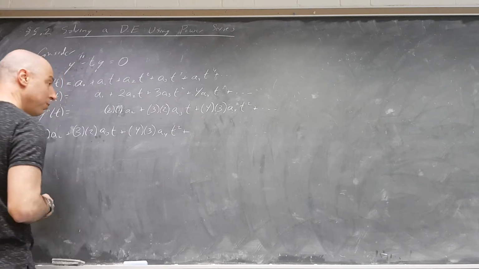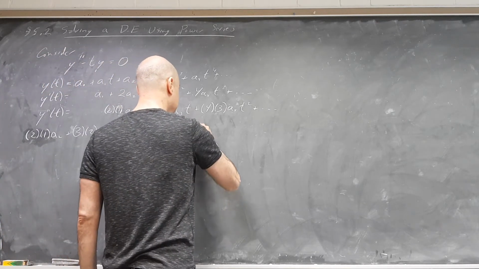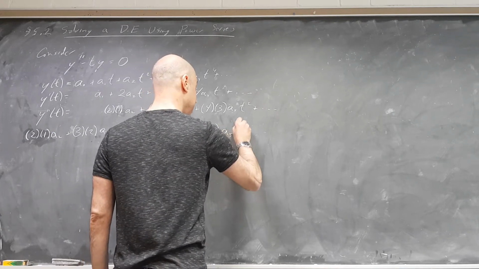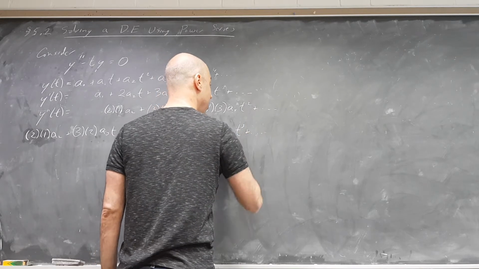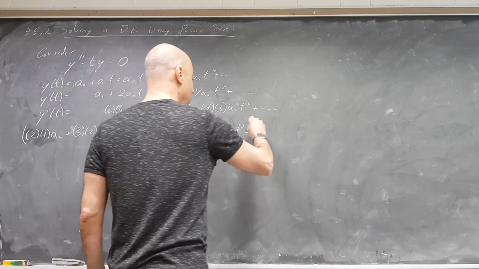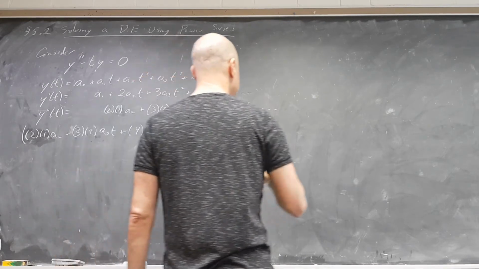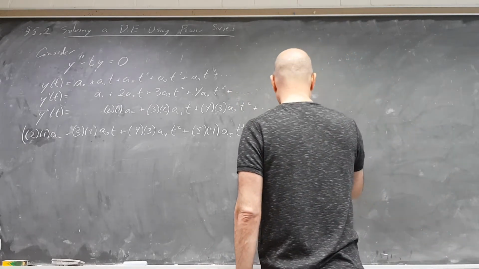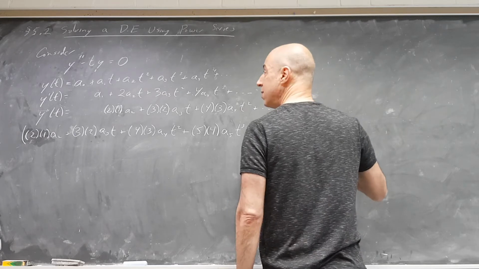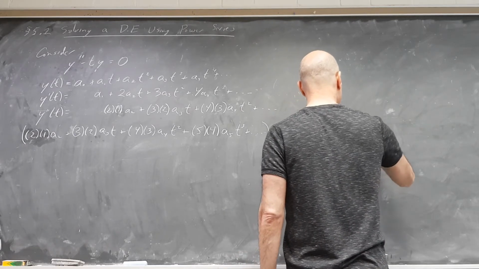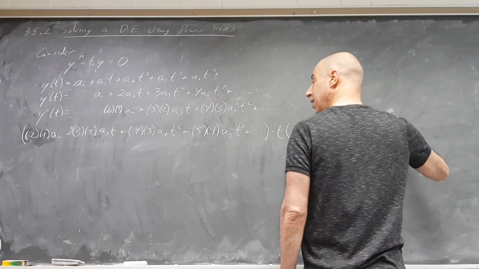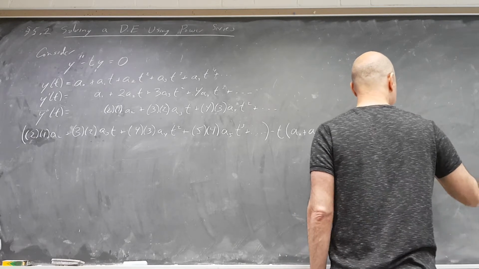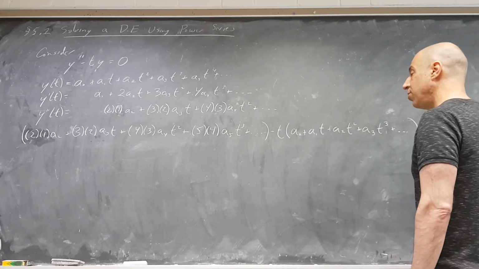Let me put in a couple more terms, well, at least one more term: 5 times 4 times A5t cubed plus and so on forever. So there's my y double prime minus t times y, which is nothing more than A0 plus A1t plus A2t squared plus A3t cubed plus and so on forever. And that's all supposed to equal 0.